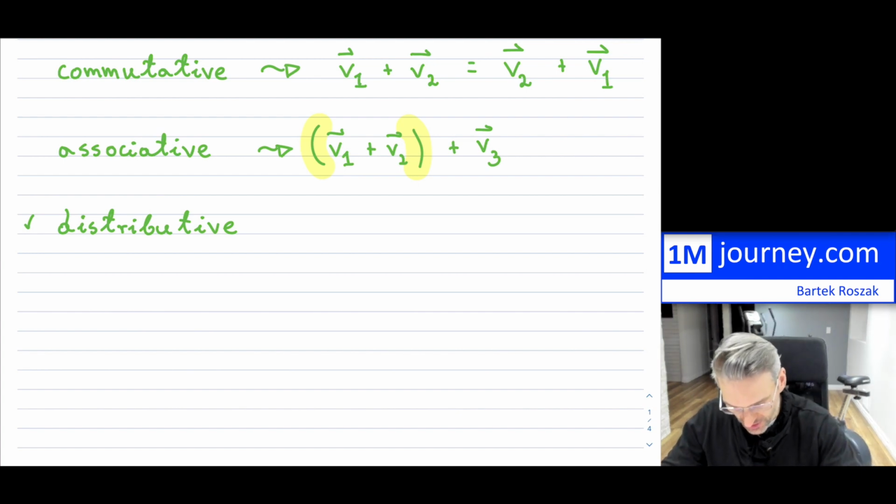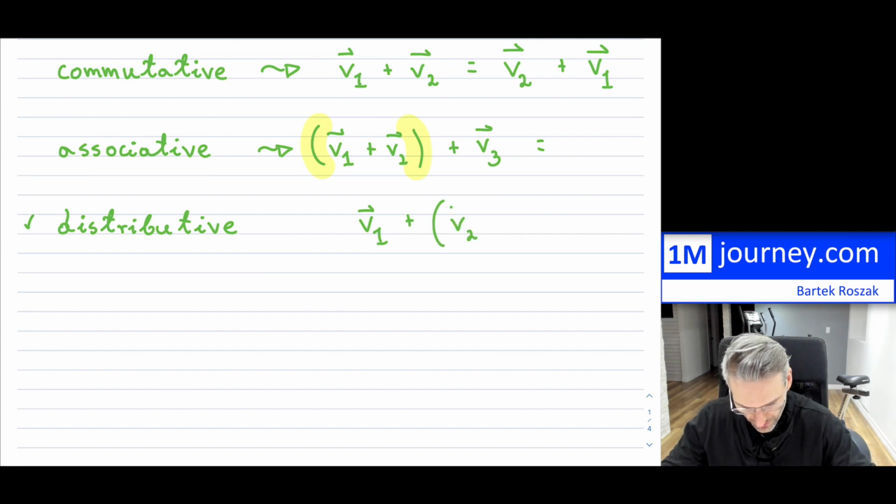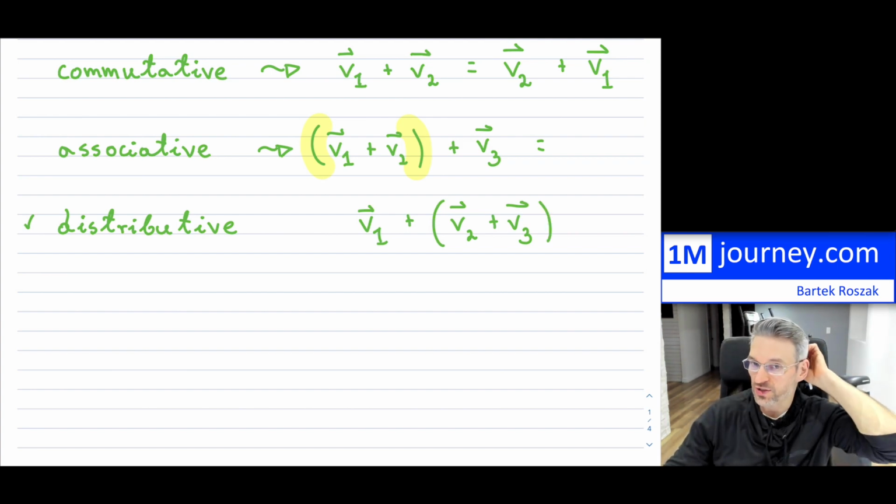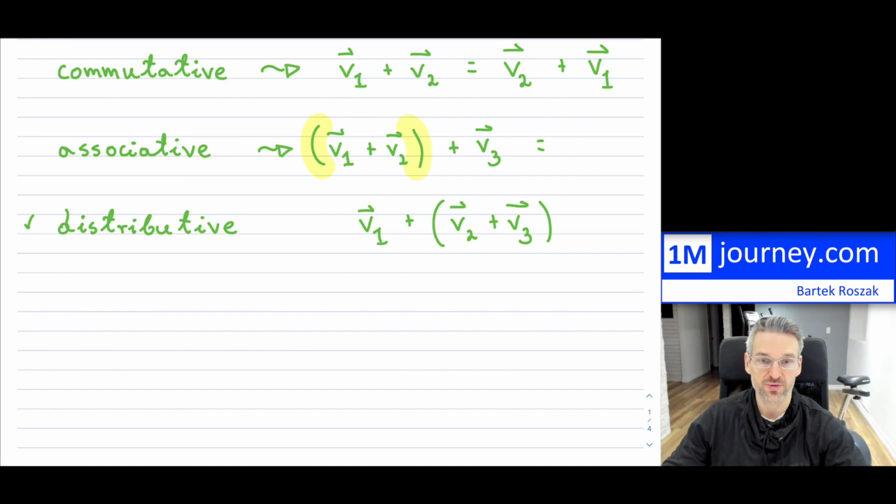It turns out that the associative property states that this is the same thing as taking V1 plus, and actually combining the V2 vector with V3. So this is really neat because it tells you that the order of the additions is irrelevant for vectors, which is great, so that you can actually take these vectors and work with them, whichever one is going to be easier for you.